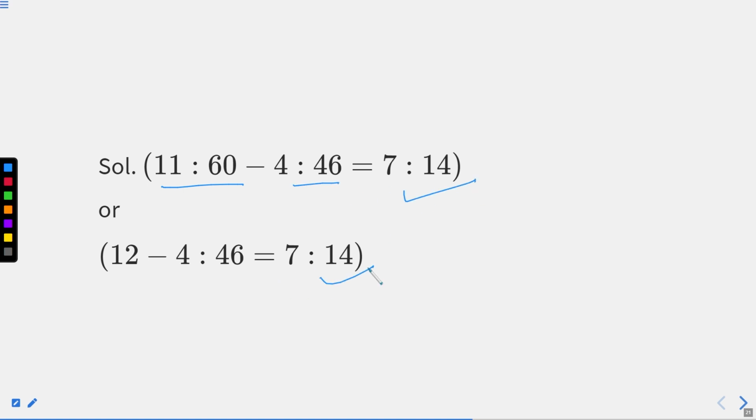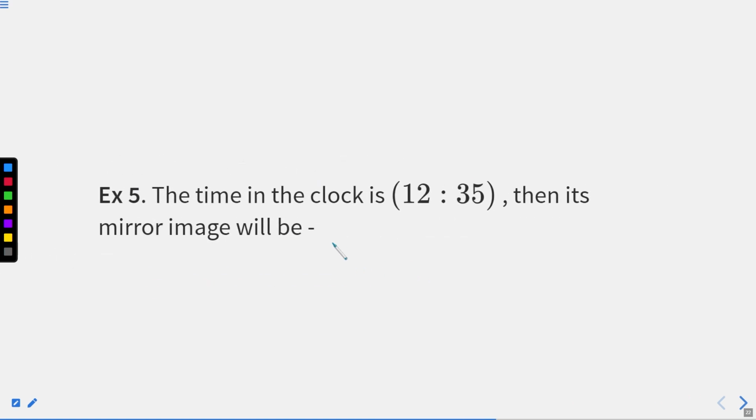Now the second case. Here you get the solution as well, right? This is the part. Now, if we look at the fifth question, where the time is between 11 to 1 now, right? So in this case, what will you do? You will subtract it from 23 hours 60 minutes. So what will be the answer here? Just subtract it simply.